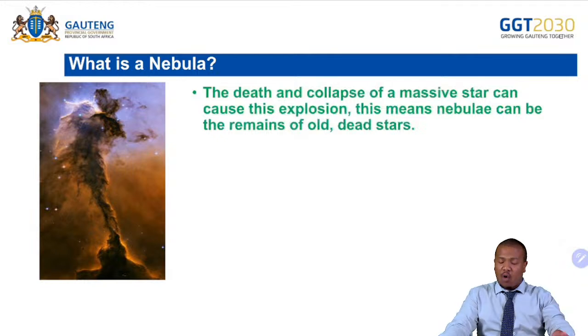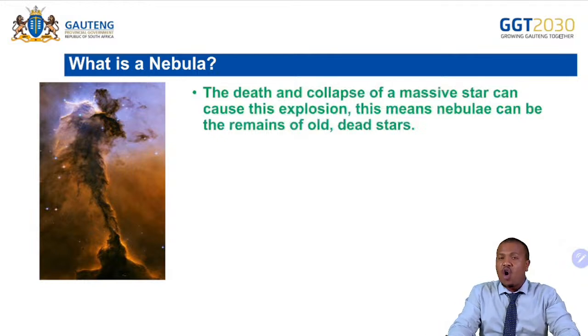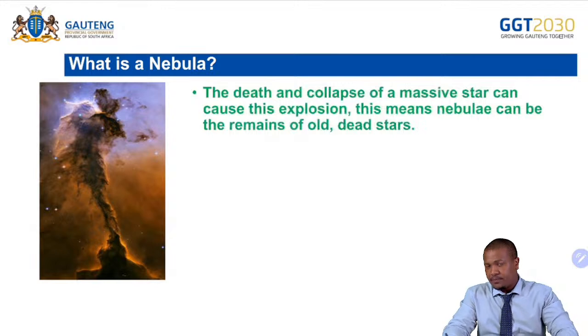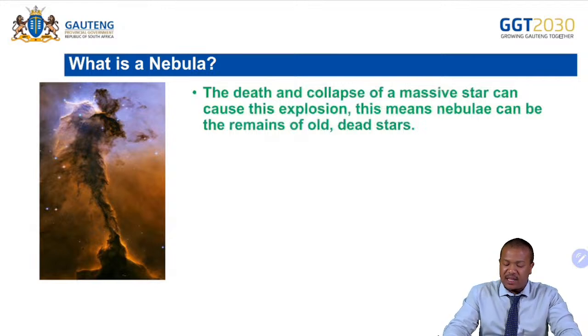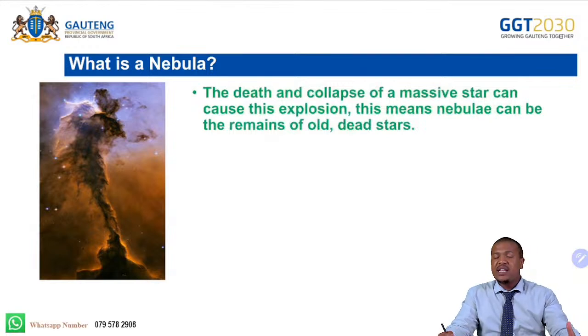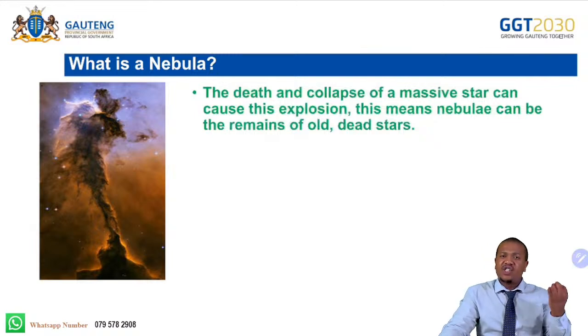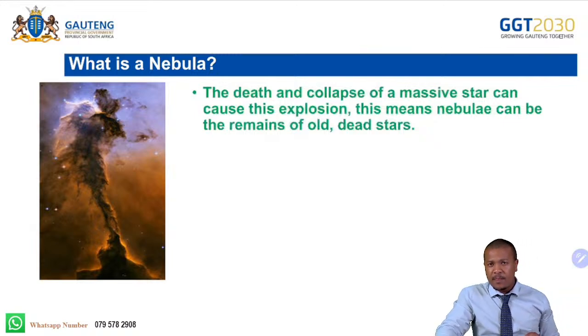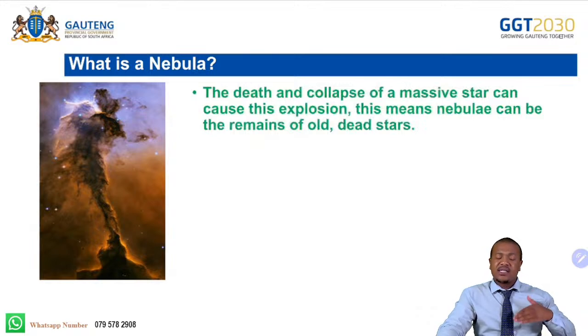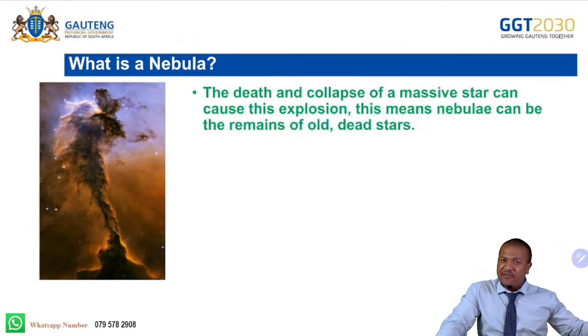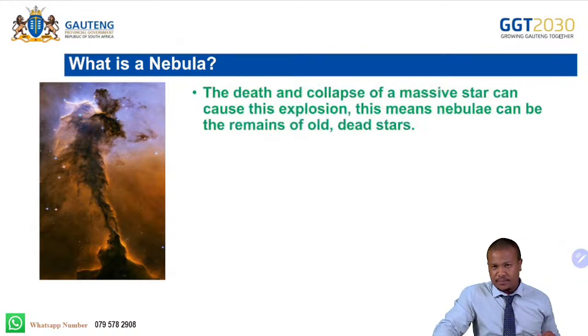So the death and collapse of a massive star can cause this supernova explosion, right? So this means that nebulae can be the remains of old and dead stars, right? As we said, stars come from this interstellar gas and dust, which is a nebula. And a nebula also arises from a supernova explosion of a star, right? So hence what? We say that stars, they are born, they live and they die, and as they die, they leave remains for other stars to be born.